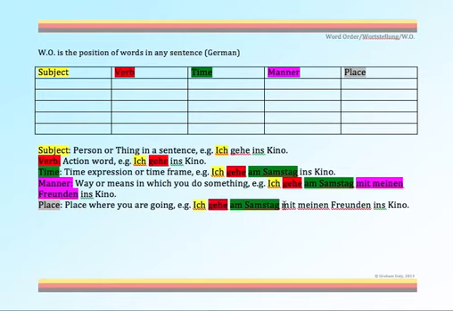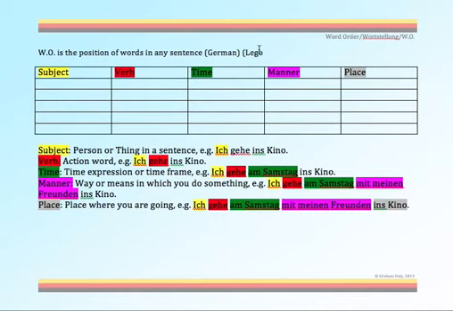With whom are you going there? I'm going with my friends. Mit meinen Freunden. And lastly, the place. Where are you going? Ins Kino. Now, ins Kino is in das Kino, but it's shortened to ins Kino.